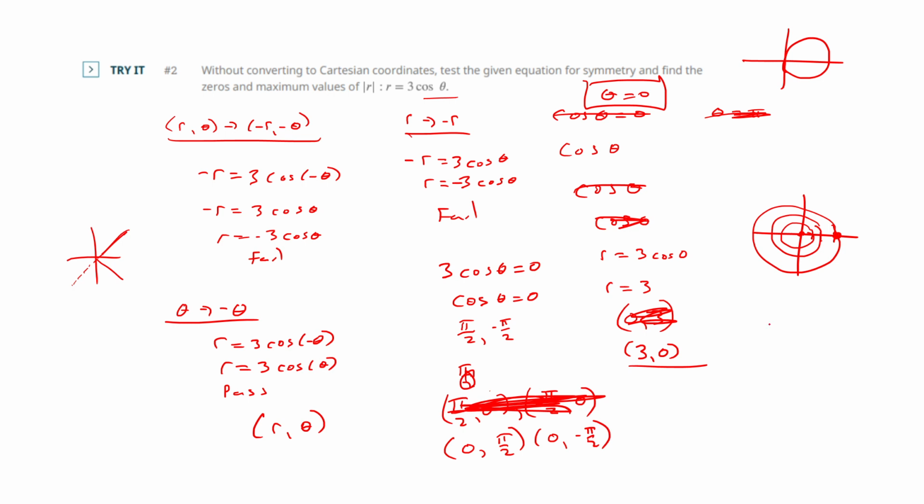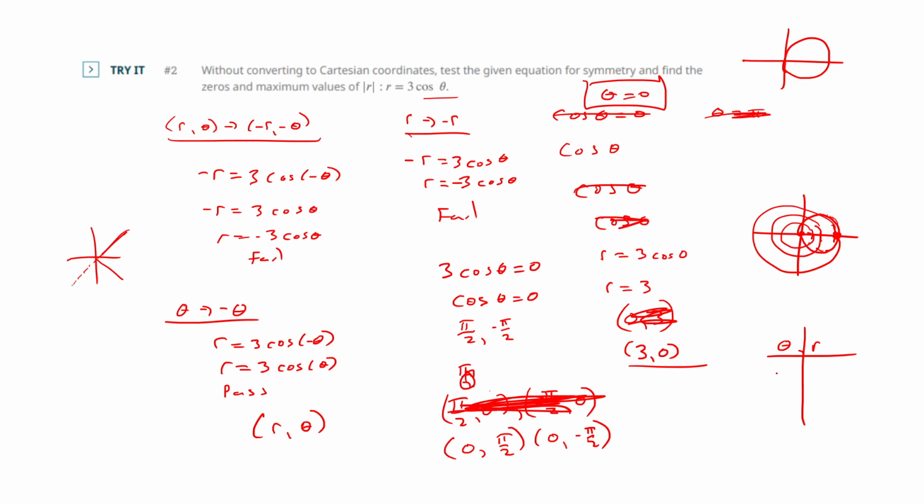Now, if we pick some points, we'd go through here and pick some thetas and find what r's we get out. What we're going to find is that we work our way around this circle, and we're going to get a circle like this. So let me just show one or two.